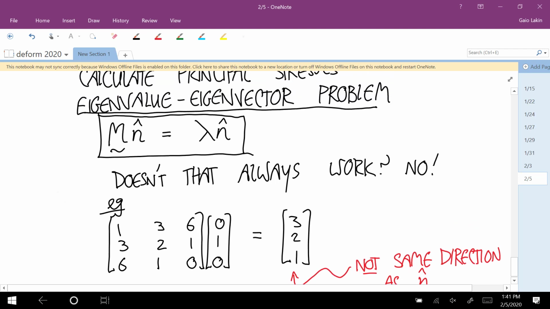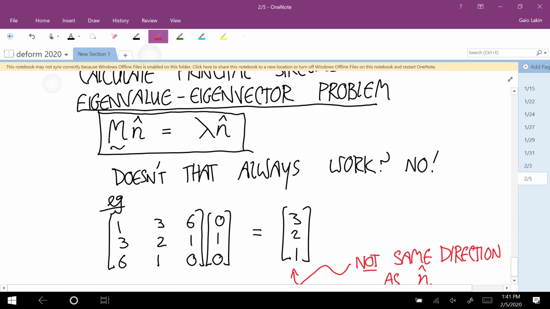But in this eigenvalue equation, the result is the same direction as n. So that's what we're looking for. We're looking for special cases where multiplying the matrix by a unit vector gives you a new vector that's in the same direction.